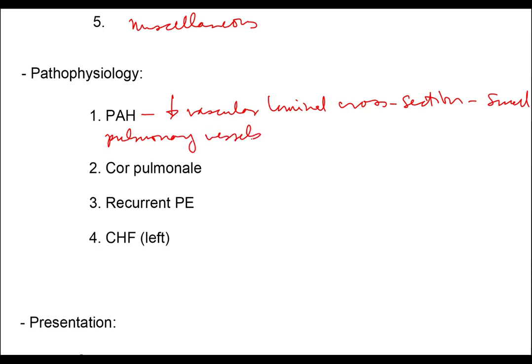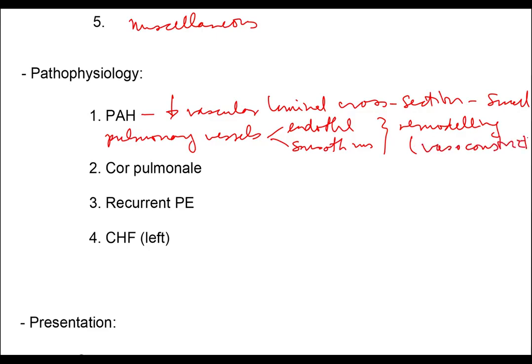And so this resistance in the pulmonary arteries is going to be due to two things. It's going to be due to endothelial defects and smooth muscle proliferation that are going to lead to remodeling, and then perhaps as well, not totally clear on this, some component of vasoconstriction. So when we talk about pulmonary artery hypertension, we're basically talking about remodeling of the small arteries, giving us a decrease in their cross-sectional area.